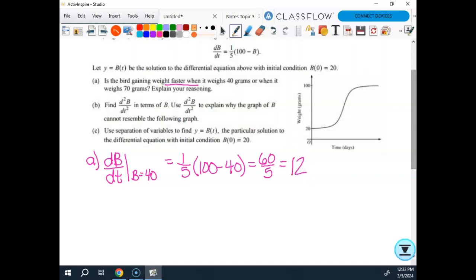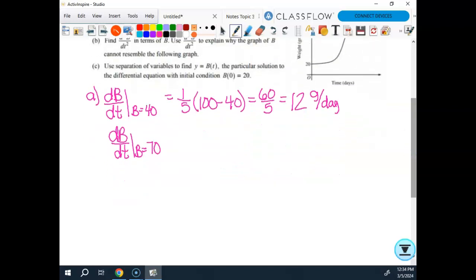And it's 12 what? Grams per day. Okay? All right, so then we're going to do the same thing. dB/dt evaluated at B equals 70. So that's going to give me 1/5 times 100 minus 70, which gives me 30 over 5, which is 6 grams per day.